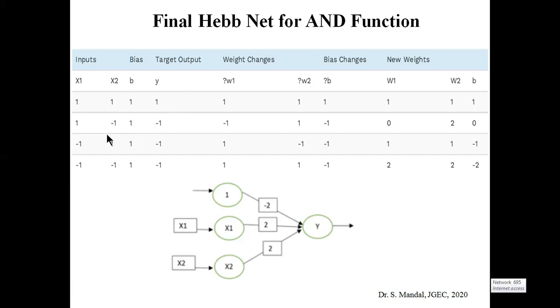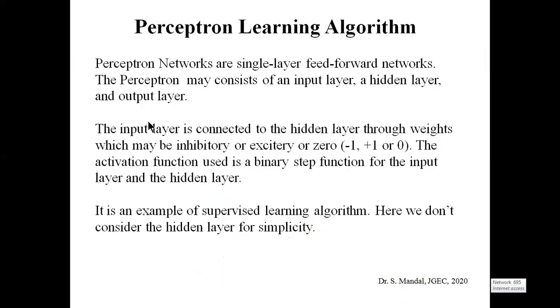No teacher is present to tell you this is wrong or this is right. We don't compare with the target value of the output. That's why Hebb's learning algorithm is called an unsupervised learning technique. It should also be remembered that it is applicable for bipolar or binary input-output combinations. So this is the Hebbian learning algorithm.